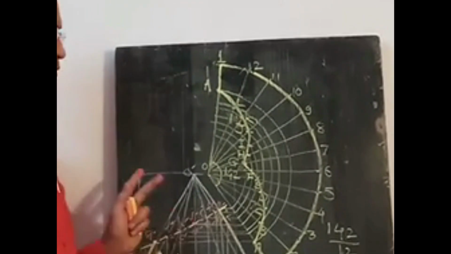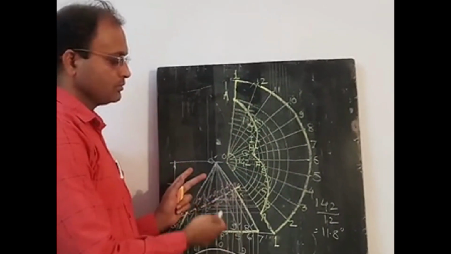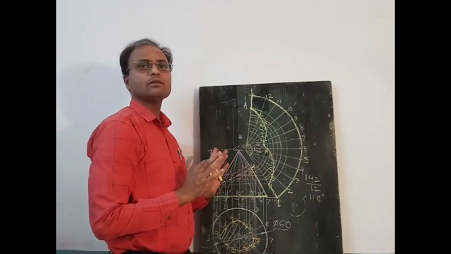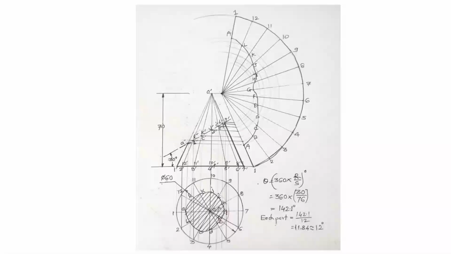This completes projections of this cone and its development by using the radial line development method. Thank you. So this is the solution of this given problem, which is drawn to scale and by using instruments. You can follow the procedure which I have just explained and check your solution with my solution. Thank you.